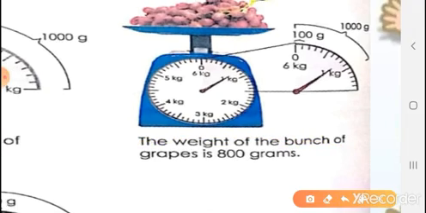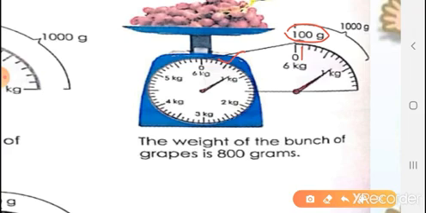But in this picture also, each interval stands for 100 grams. In picture A also, each interval represents 100 grams.